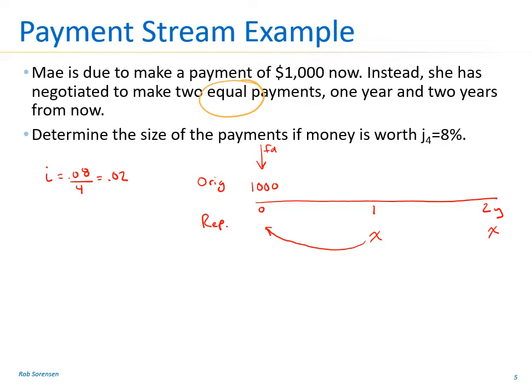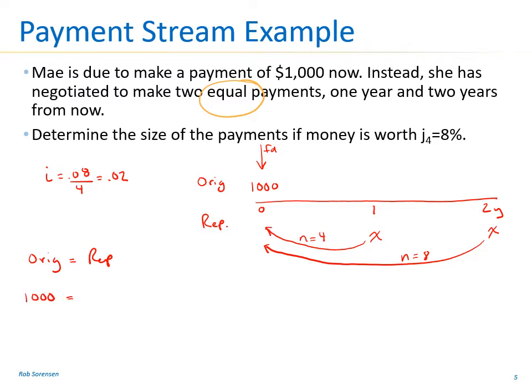This one is coming back 1 year. Since we're compounding 4 times a year, that's 4 periods. This one's coming back 2 years, and so that becomes 8 periods. Now we can set up our equation of equivalence, where the original should be equal to the replacement payments. On the original side, it's just 1,000.